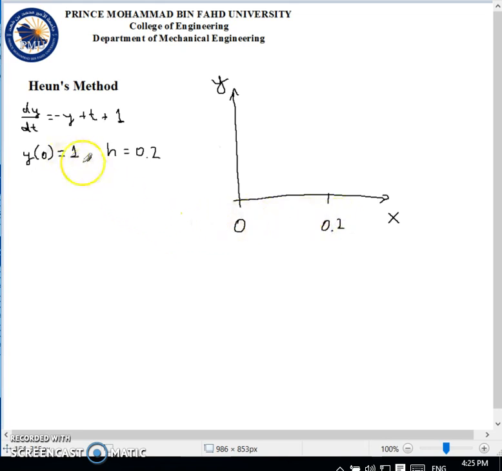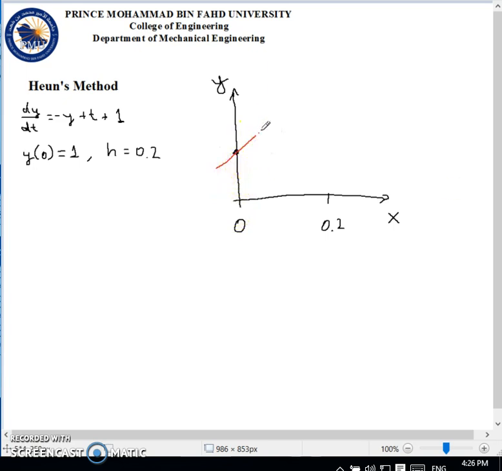Exactly as we did with Euler, we'll start at 0 and plot the initial value condition, in this case t0, y0 is 1, and we are going to ask the ODE to tell us the slope at this point. And that's why we've written the ODE in this form. dy/dt is the slope, okay, and that's the slope at point 0.